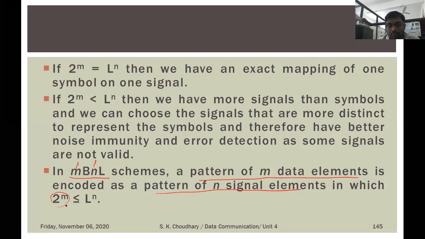It means the number of symbols would be less than or equal to, that is, the second and third conditions. Then and only then is it possible to represent the mBnL signal levels.